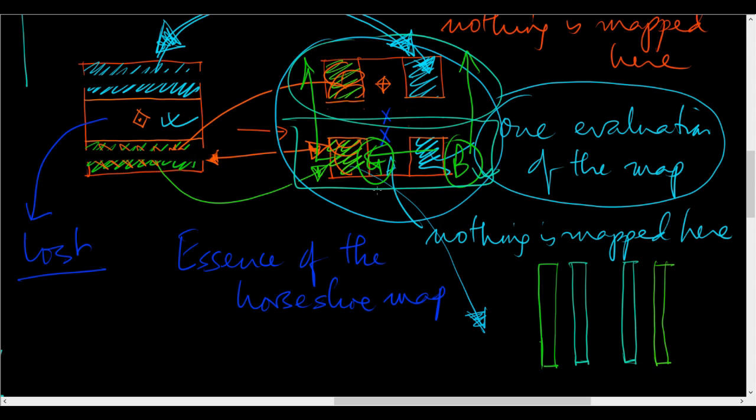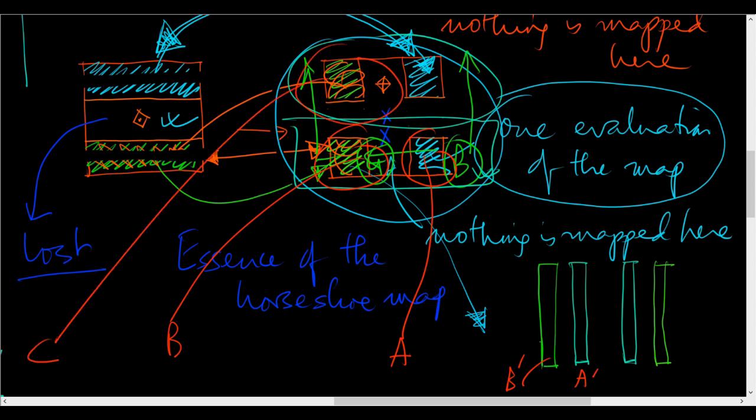Let me use red now and point out, if I call this one A, that is A prime, that is where it gets mapped. If I call this one B, that is B prime, that is where it gets mapped. If I call this one C, then that is C prime, that is where it gets mapped. If I call this one D, then that is D prime, that is where it gets mapped.